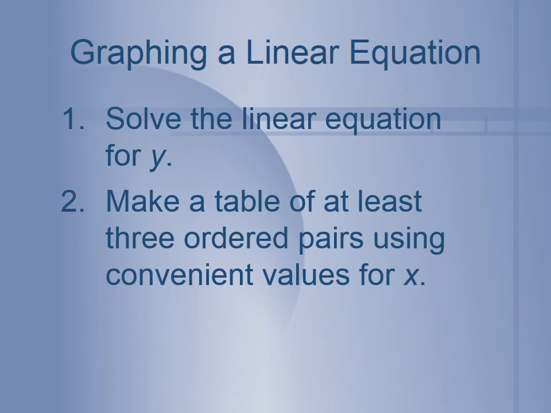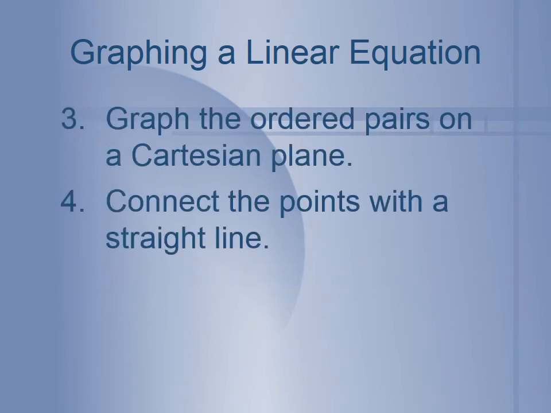Step 2, you're going to make a table of at least 3 ordered pairs using convenient values for x, right? Use values for x that are not difficult to calculate. Step 3, graph the ordered pairs that you calculated on the Cartesian plane. Step 4, connect the points with a straight line.